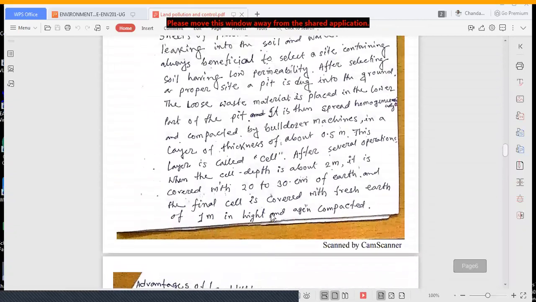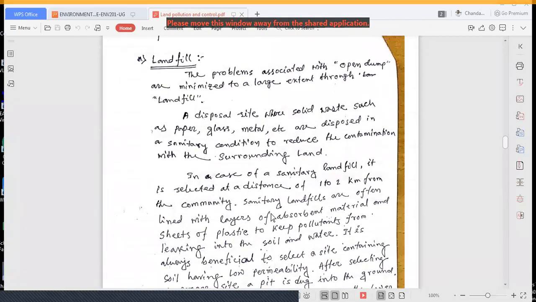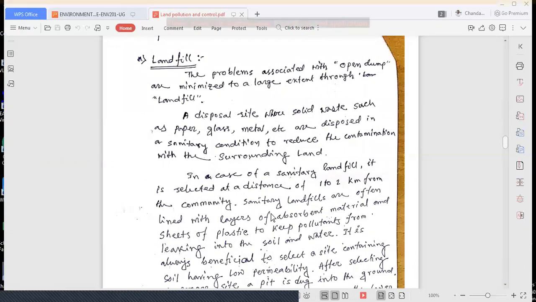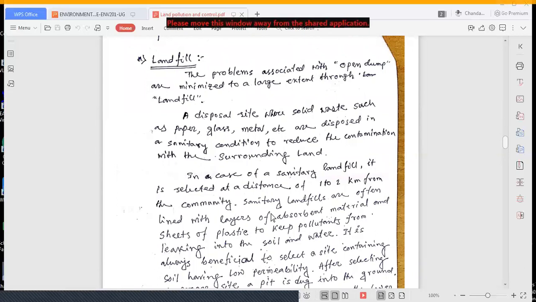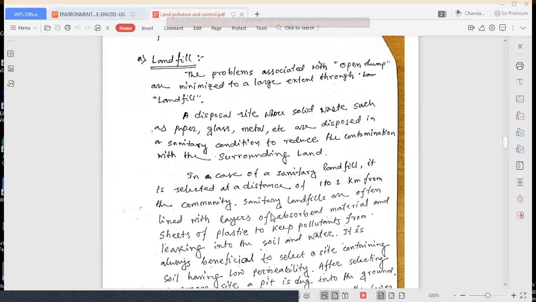In landfill, far away from municipal areas, a pit is dug in totally sanitary condition. Inside this pit, the wastes are gathered, and then covered by plastic or polythene, and then it is covered by soil. So this is the landfill procedure.